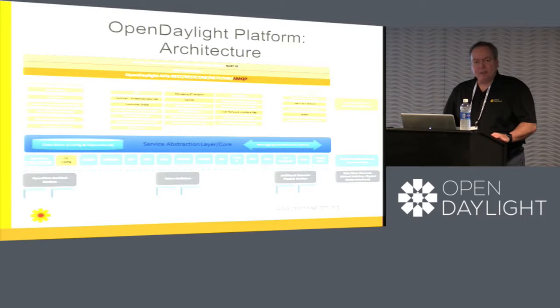Again, Messaging for Transport is what has given us AMQP. The NetIDE project allows for other controllers to call upon OpenDaylight to act as their SDN controller. So it's a way of allowing for some level of portability across the different open SDN controllers that are out there.